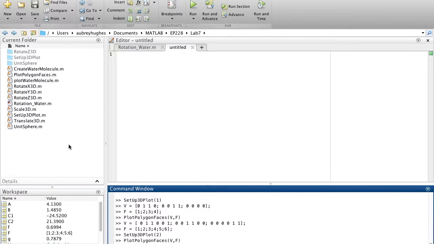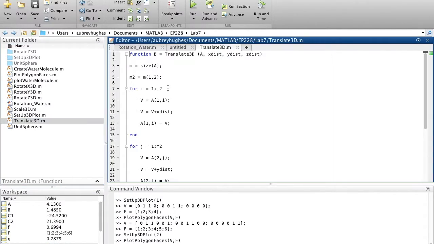So the third question is we want to make a translate function, and this ends up being really, really simple. I can't remember how to zoom in.